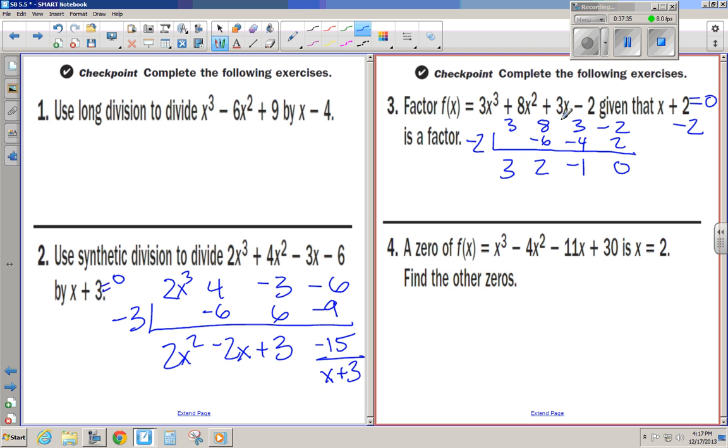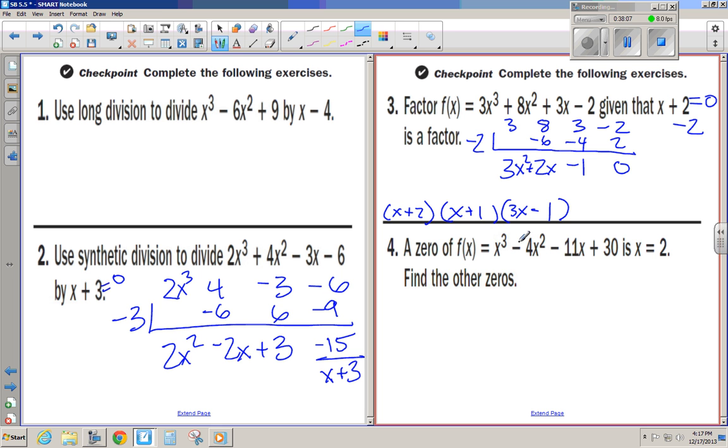So we know x plus 2 has been factored. This 3x squared plus 2x minus 1 now needs to be factored. And you can use Waddell's method, but what you're going to end up with is a plus 1 and a minus 1 and a 3x here and a 1x there. All right, Waddell's method should give you this, or at least something close to this.